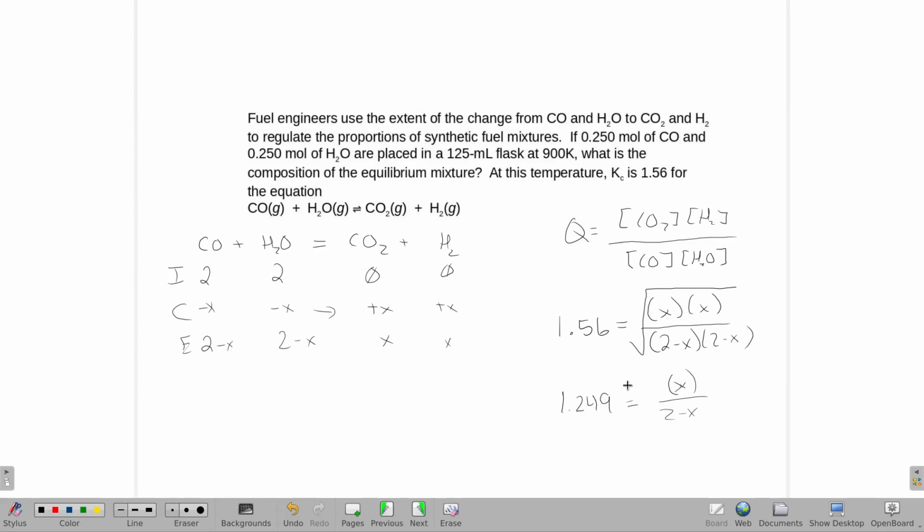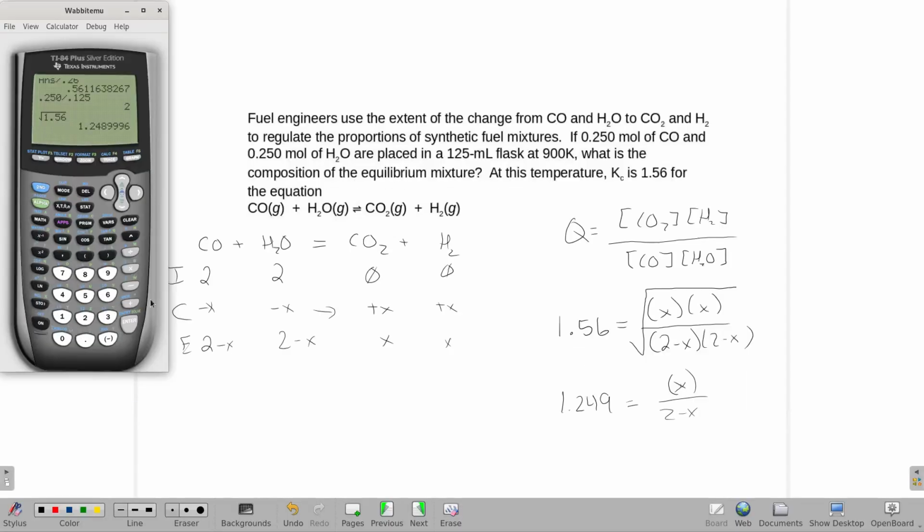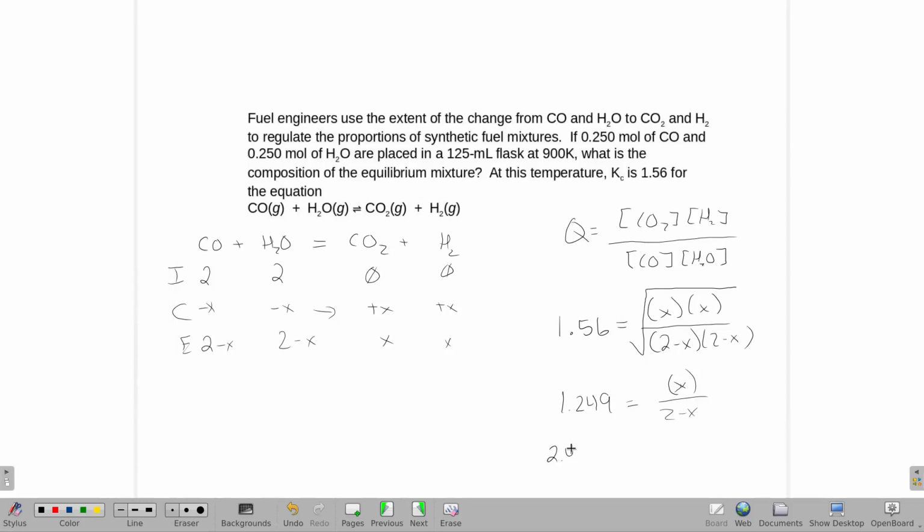We're just going to solve for this x now. So I'm going to take that and multiply it by 2 and get 2.497 minus 1.249x equals x.